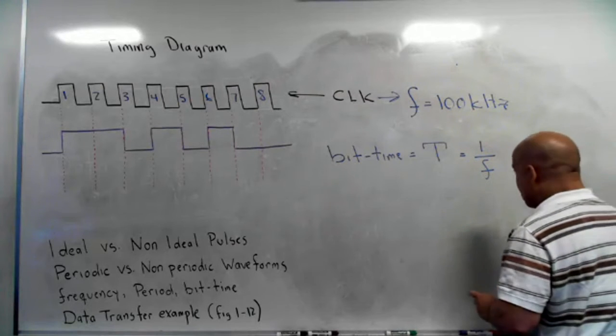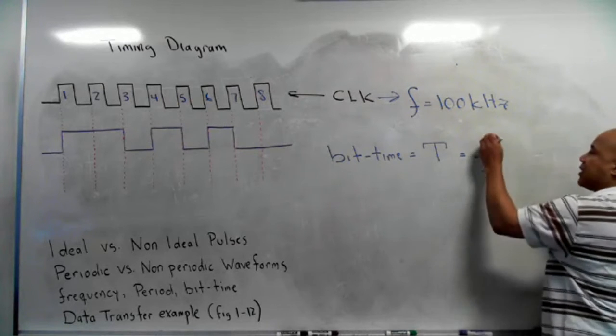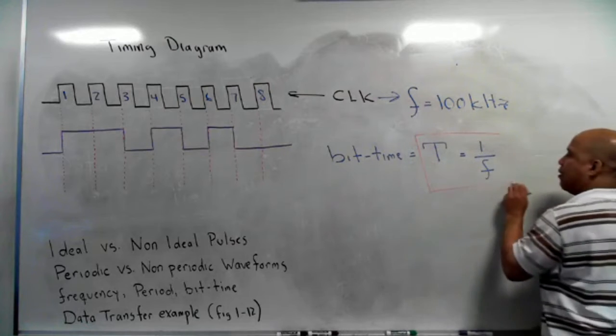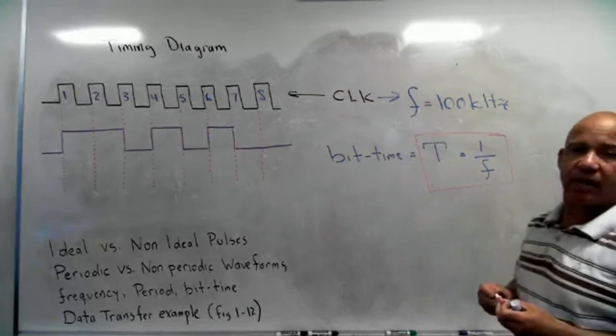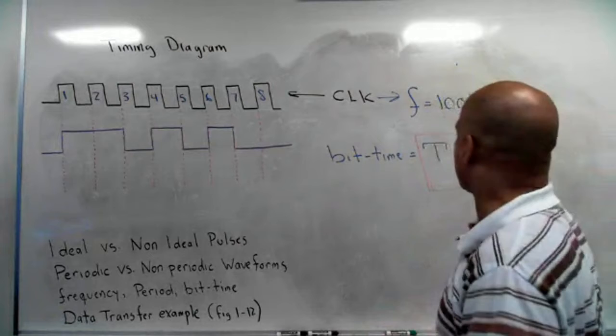So go ahead and calculate the bit time. That's the equation I gave you for period, 1 over the frequency. And on a problem like this, you'll always know the frequency of the clock, or you'll be able to find the frequency of the clock.